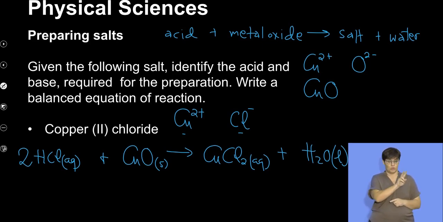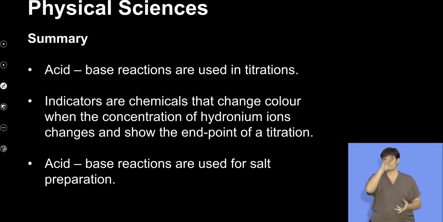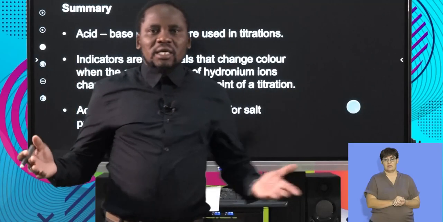So the stoichiometric ratio in which they react is 2:1. This is going to be very important in determining the purity of the salt that we actually obtain from this reaction.